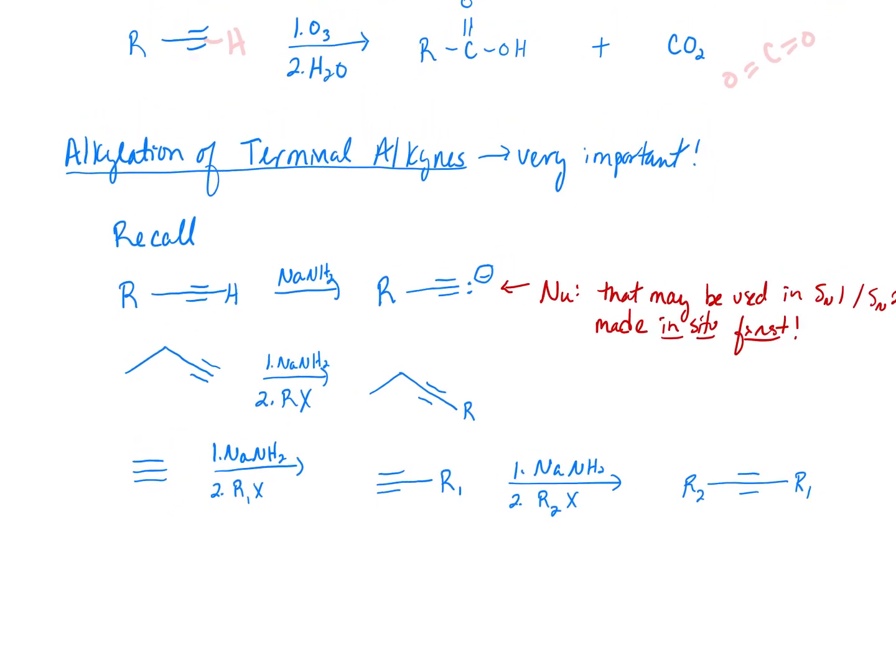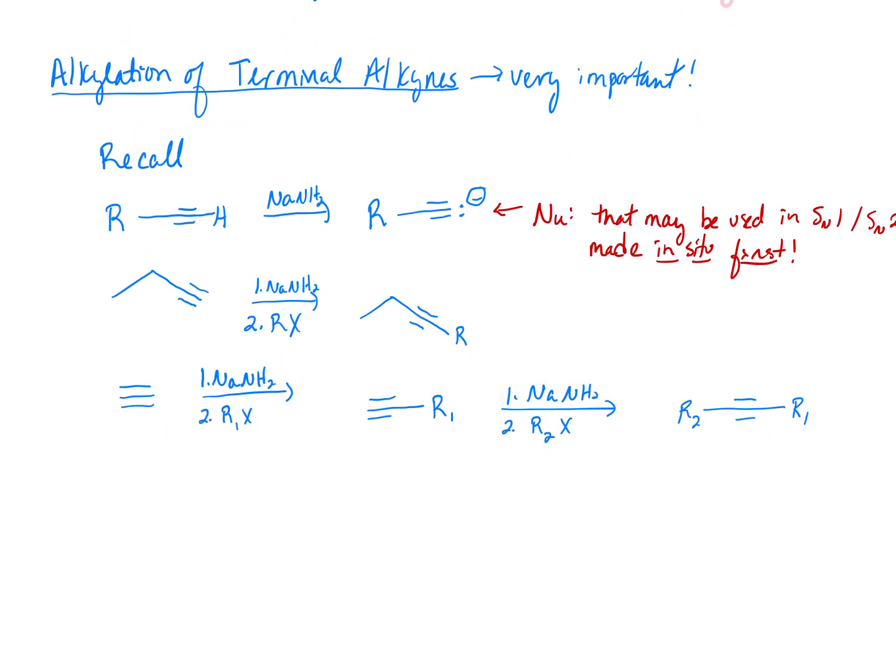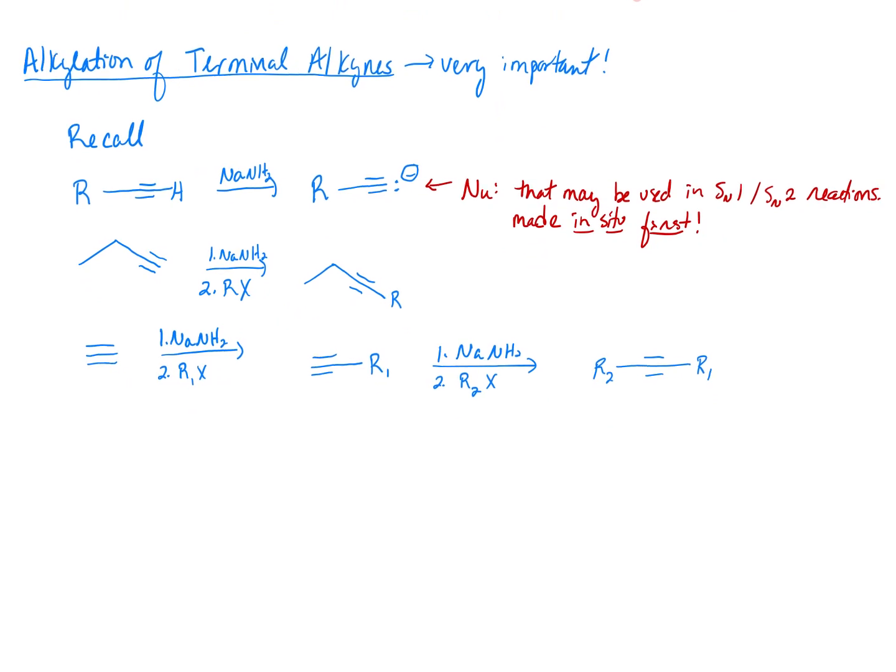And lastly, it's really important when it comes to using what we sort of looked at last time. And that is when we have terminal alkynes, we can make a great nucleophile out of them simply by adding NaNH2. So this is this strong base that will then make a negative charge on that terminal alkyne, because what it's doing is it's ripping off the hydrogen that's there.